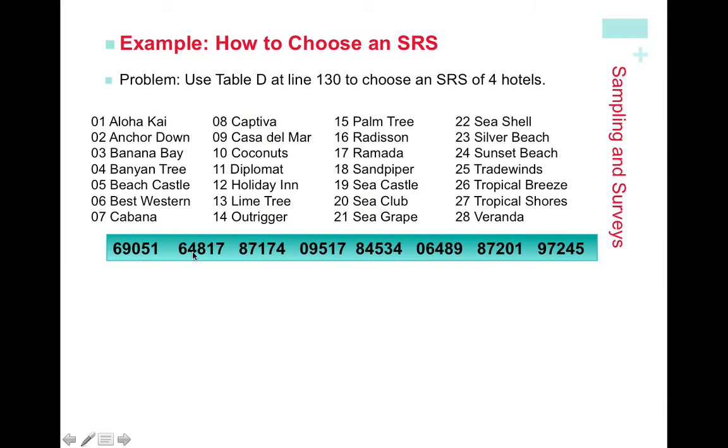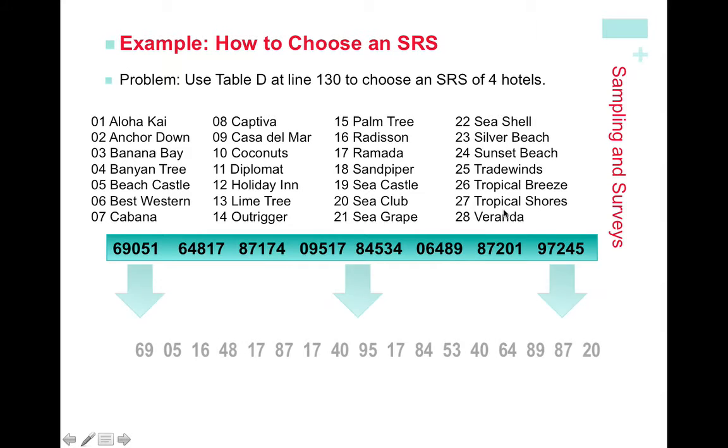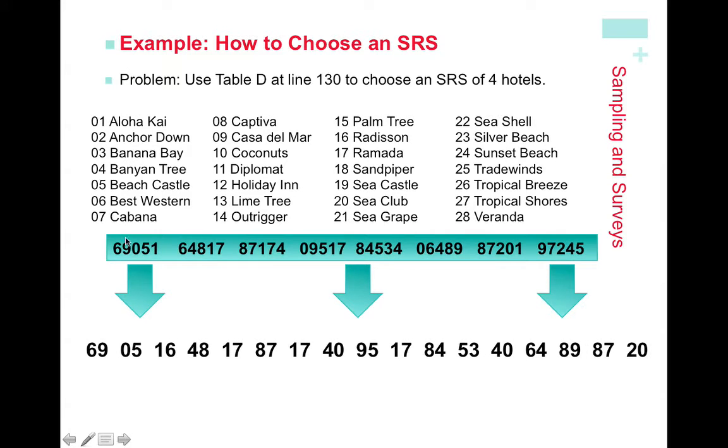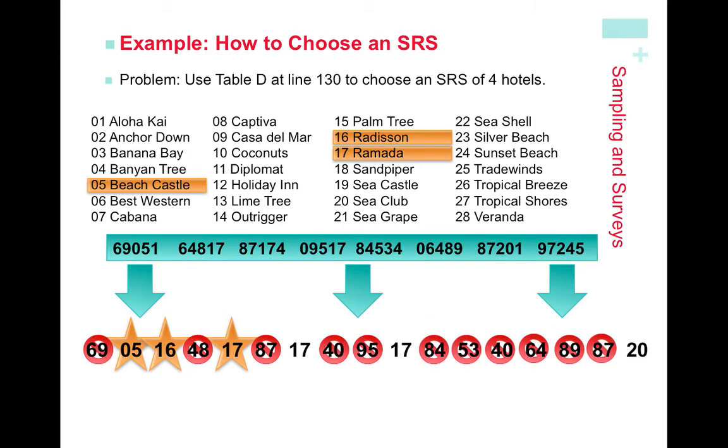So as an example here, they're choosing an SRS of 4 hotels. This is the line in the table. These are all already labeled with 2 digits. So I'm just going consecutively. I don't have a 69. 05 would get chosen, and so on. So I would just keep going through the list to figure out which ones are going to be chosen.